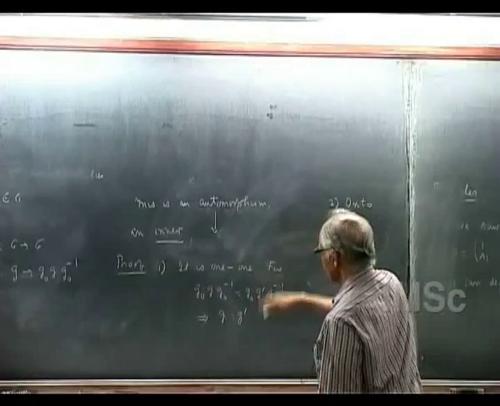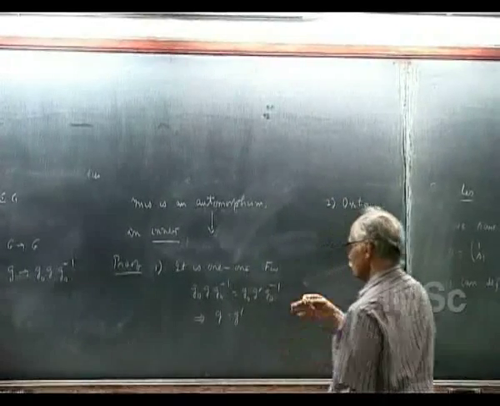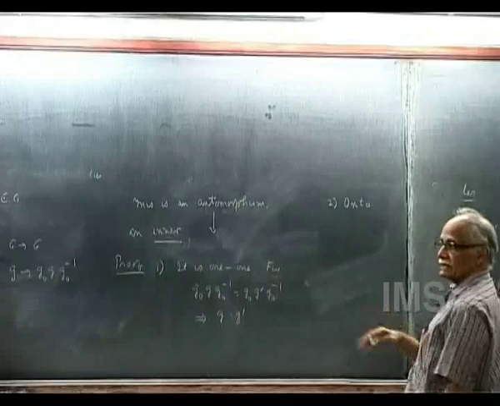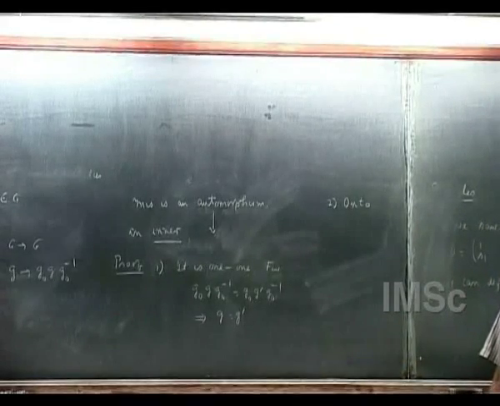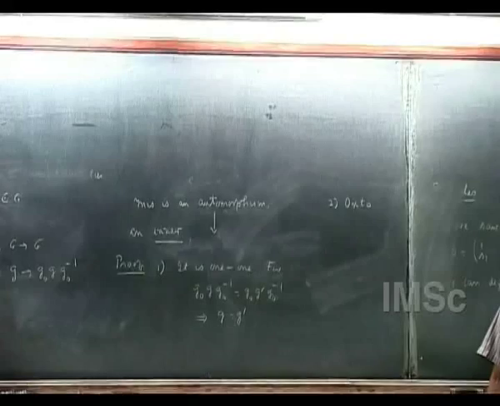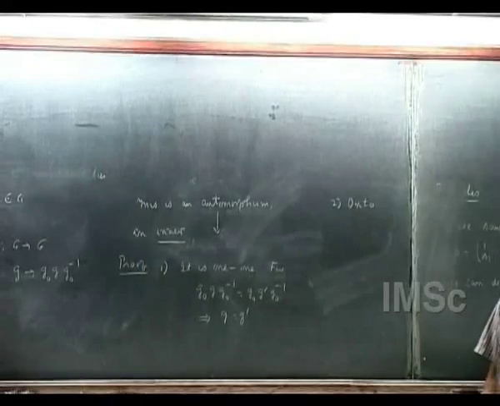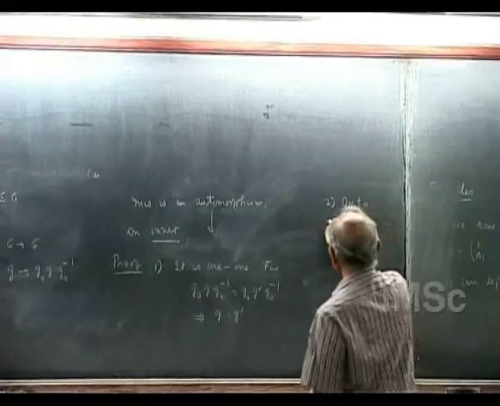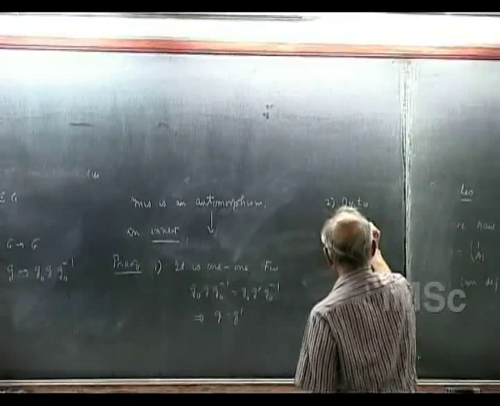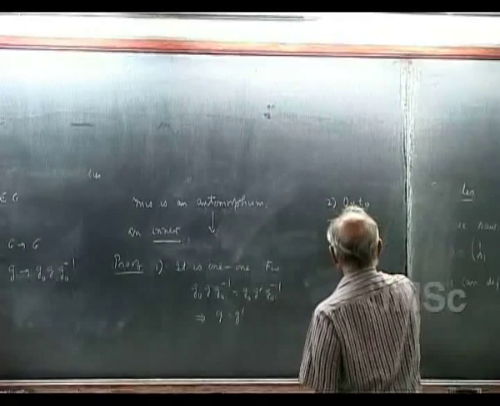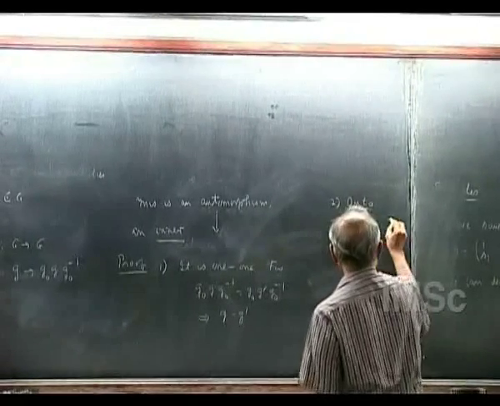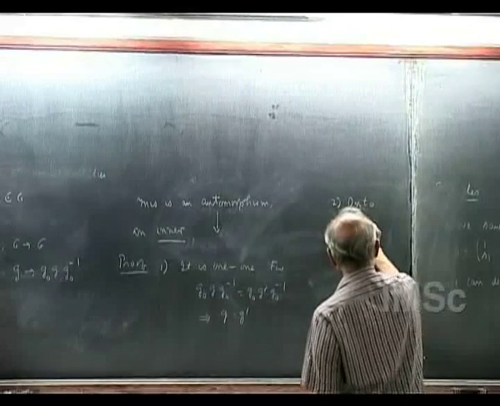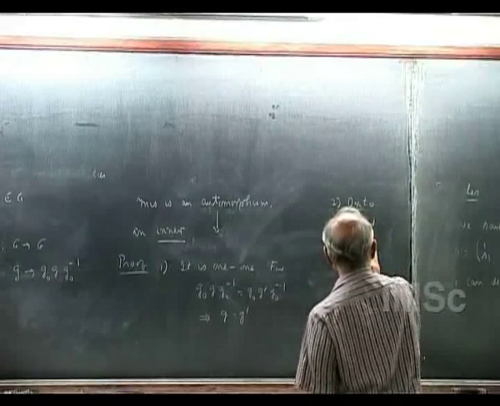It is onto, how will I prove it is onto? That means the image under this mapping is all of G. Does anyone have an idea?